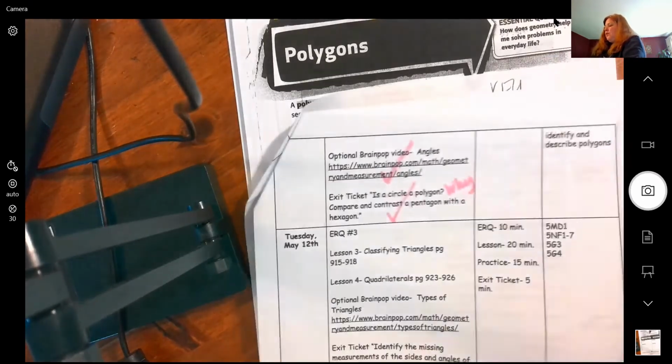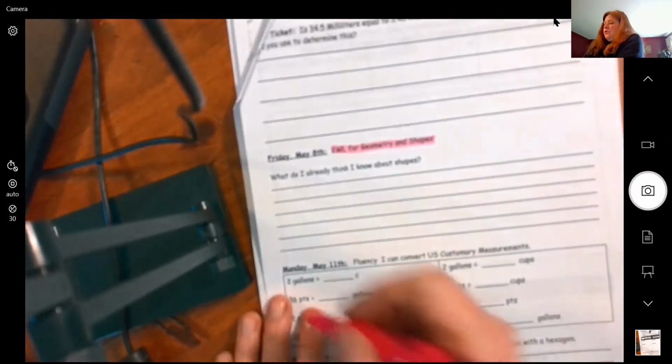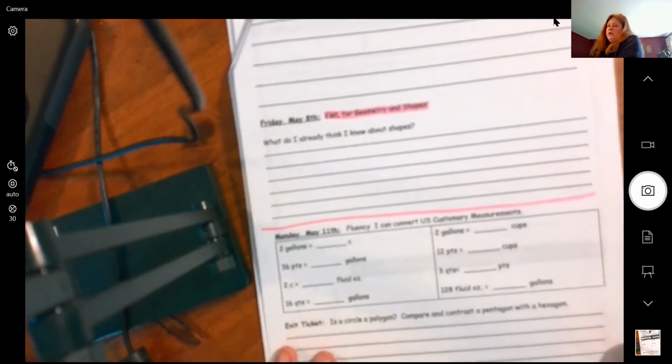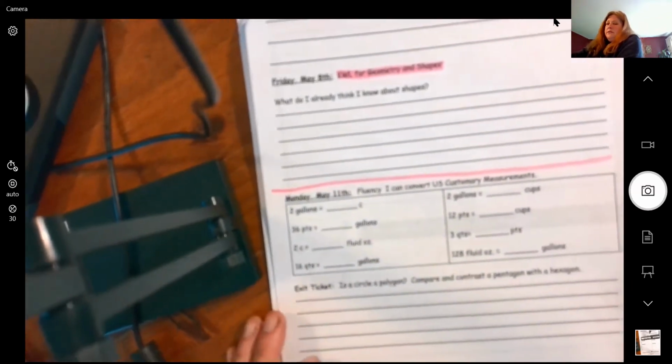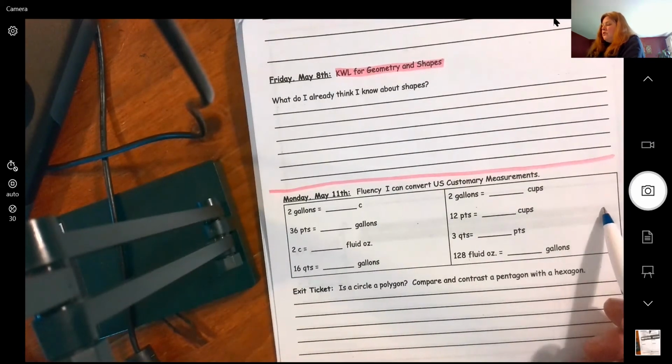All right, so I'm going to flip to our warm-up page. So here's Monday. And our standard that we are working on is I can convert U.S. customary measurements. Don't forget to write your anchor chart. Don't forget to write your Great Land of Inspire.